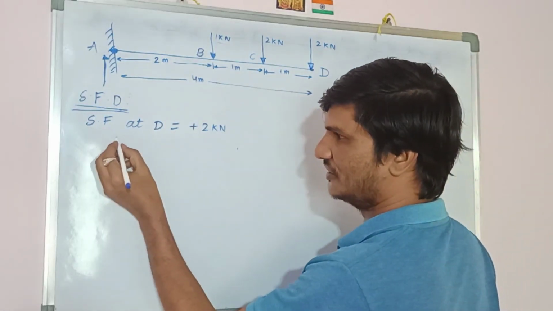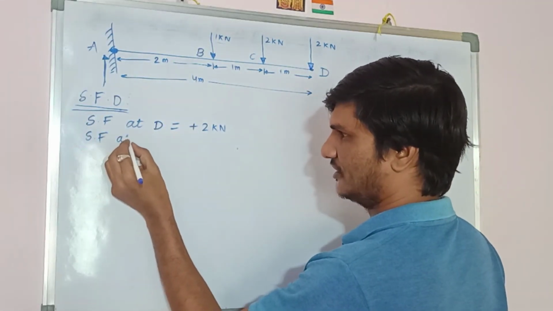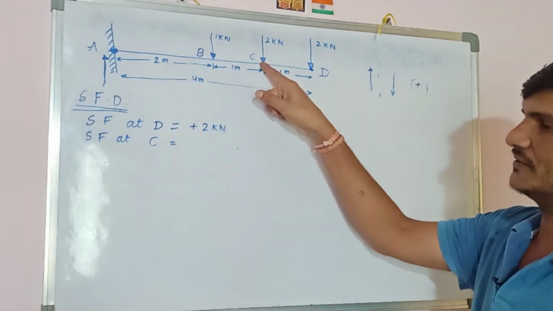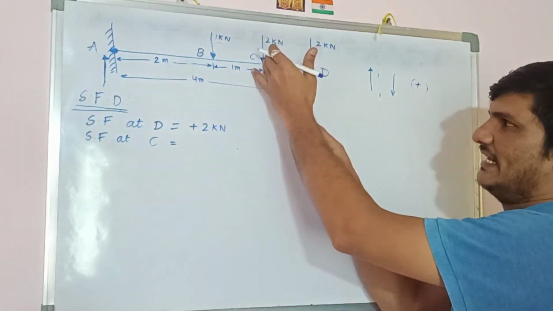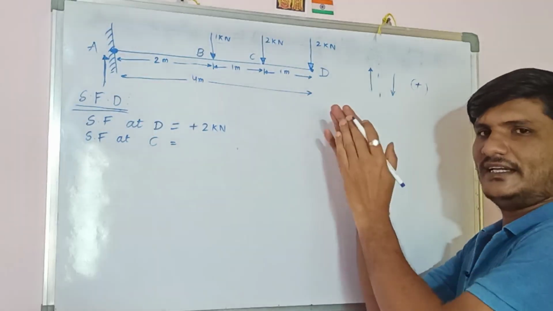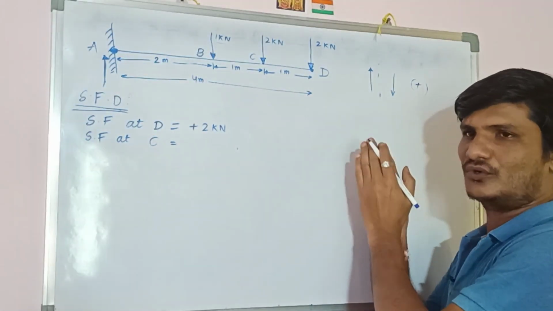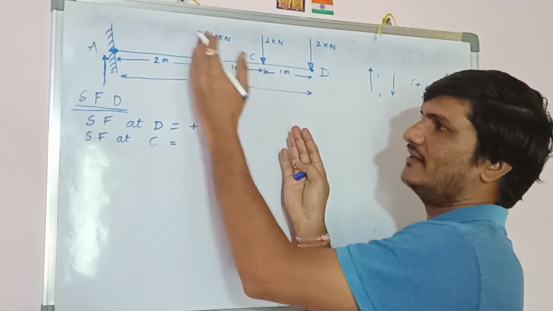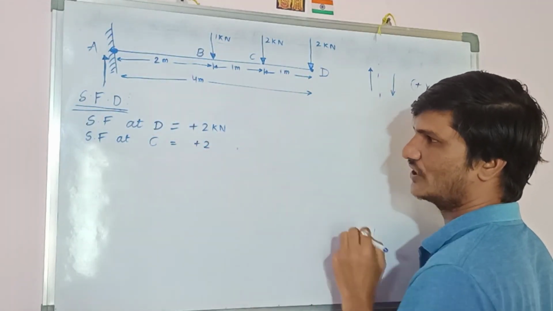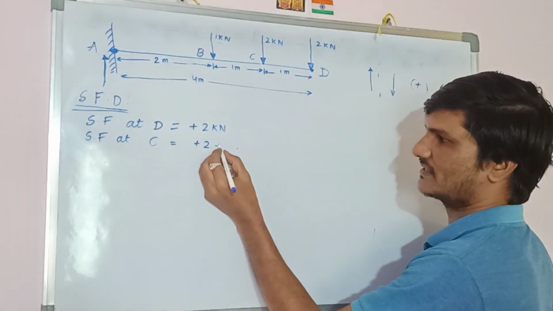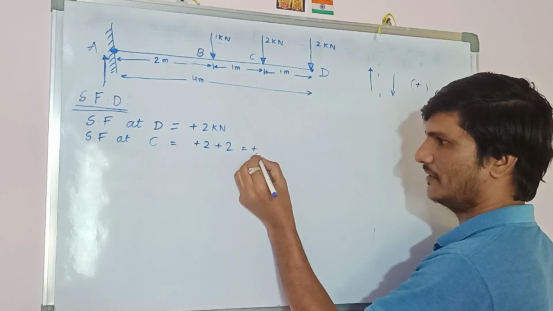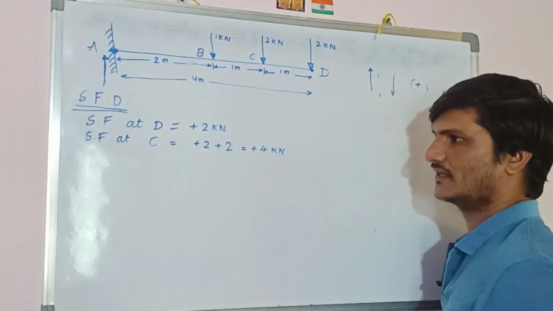Similarly, we will calculate the shear force at C. Considering the right side forces, 2 kilonewton at D plus another 2 kilonewton at C, so 2 plus 2 you will get plus 4 kilonewton.